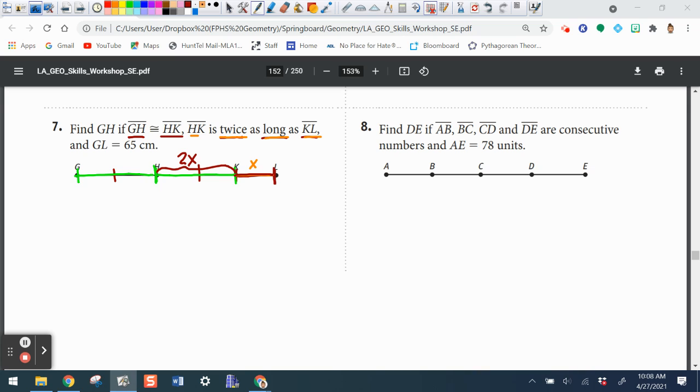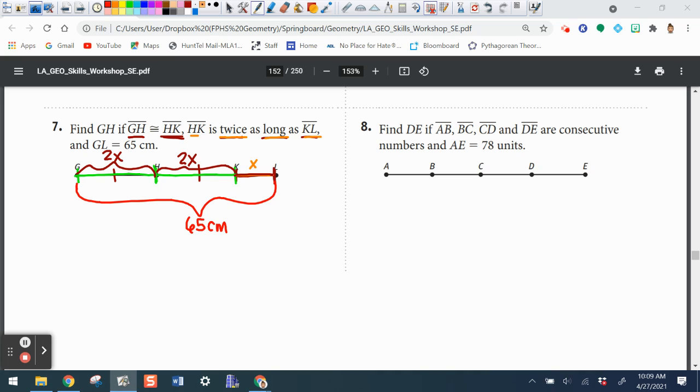Likewise, they tell us that GH is the same length as HK. That's what congruent means, for two segments or angles or lines or rays to have the same measure. So if we represented the distance from H to K with 2x, we'll represent the distance from G to H with the same measure. And last but not least, they tell us that the distance from G to L, the longest segment we're dealing with, what all these segments combined create, is 65 centimeters.